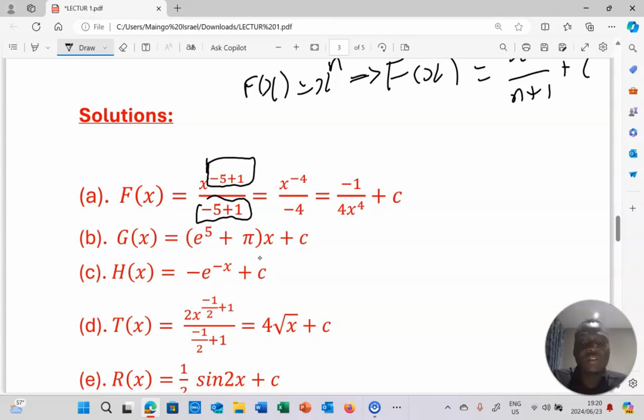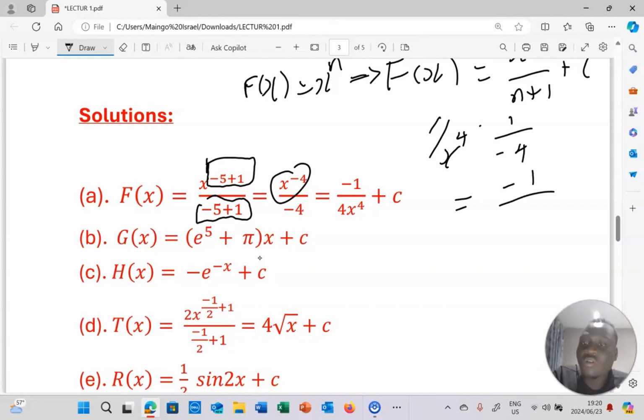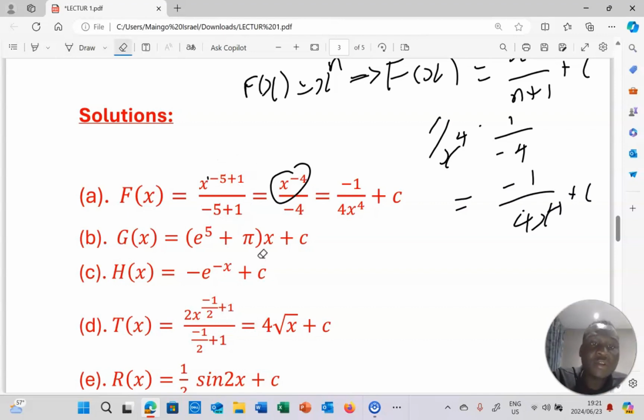Simplifying, it is x to the power minus 4 over minus 4, which is just 1 over x to the power 4 times 1 over minus 4, which equals minus 1 over 4 x to the power 4, then plus a constant. So that's how we do number A.